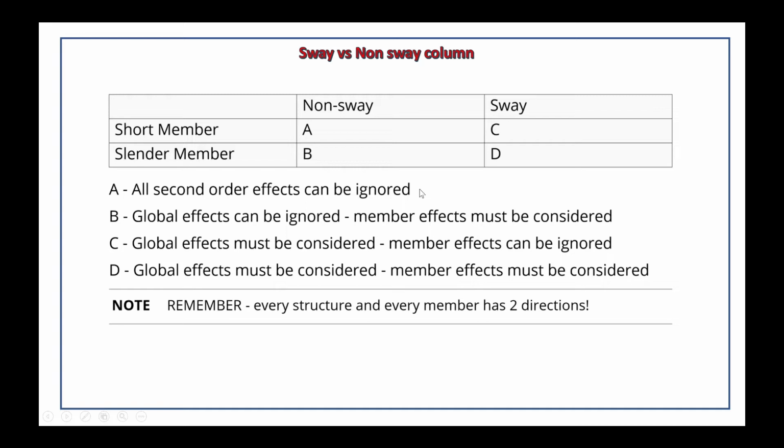After you analyze, you can continue to design for the member. The column is a short column. In the case of a short non-sway column, you can run linear analysis and go directly to the design.